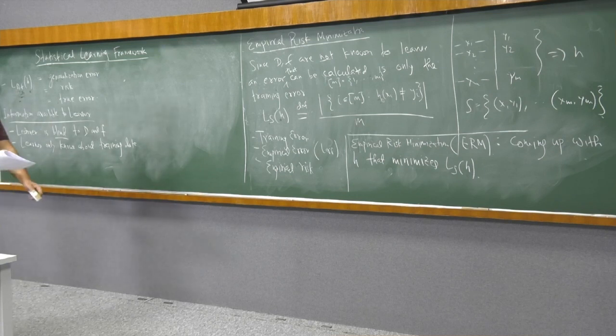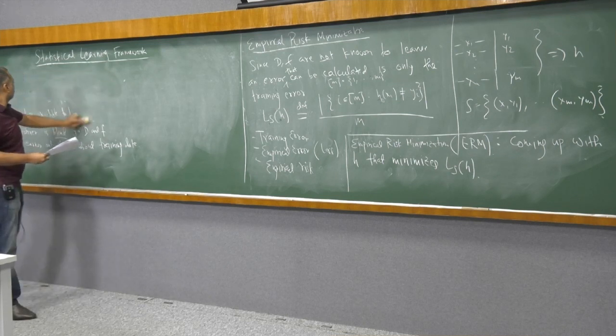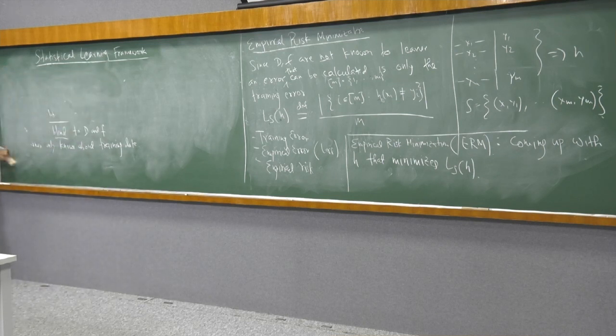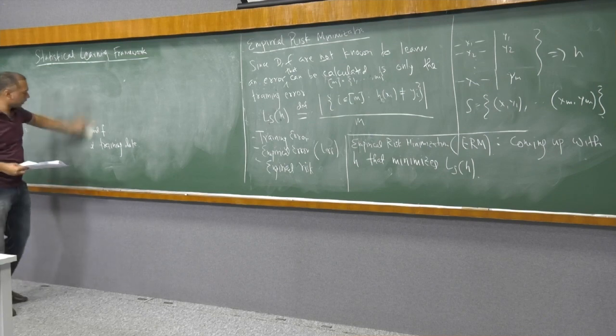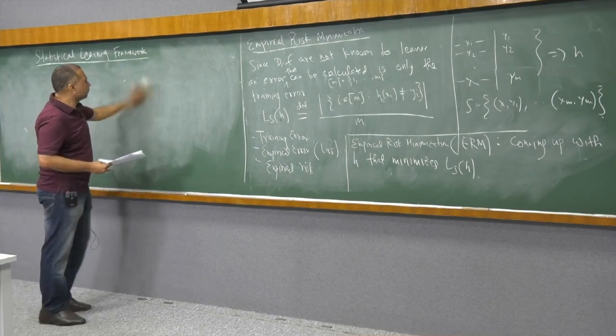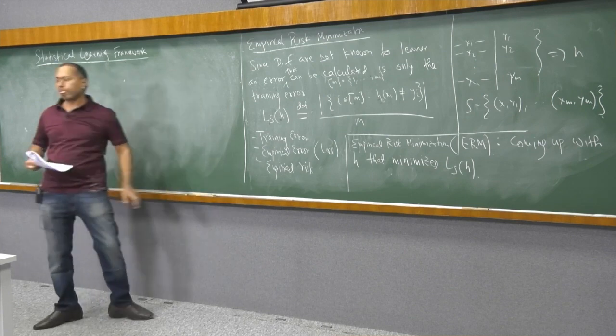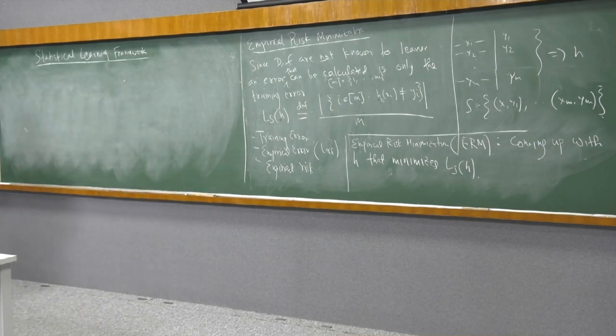Okay, so there could be a few issues, obviously, while training. There is something called overfitting. So let us see some examples of that. I will give you a very abstract example in the beginning, and later I will give you a more intuitive example. Okay, so let us see the problem of overfitting.